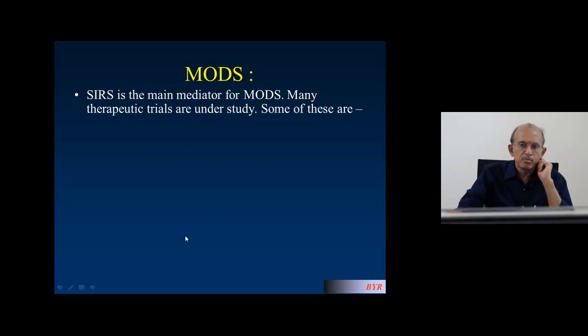Management of MODS. So the patient has already slipped into a dangerous sequela, that is MODS, multiple organ dysfunction syndrome. So how to manage? SIRS is the main mediator of MODS. Many therapeutic trials are under study.